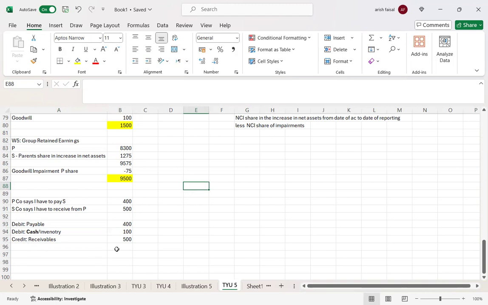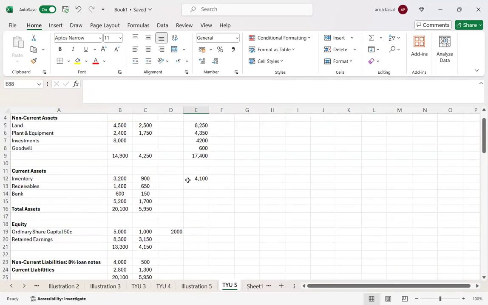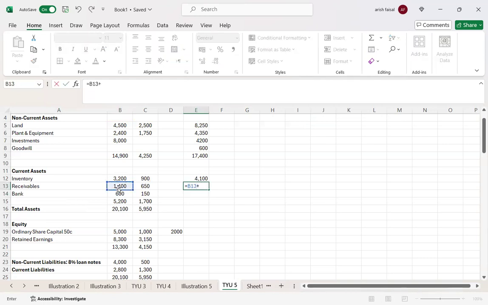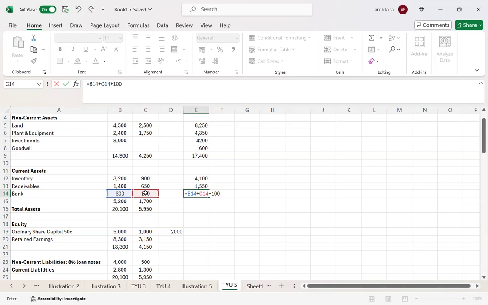So now you can see that your receivables have to be deducted by 500. Once you have consolidated them, like this, 1400 plus 650, then you have to subtract the 500, which is the intra group basically. So that gives you a net of 1550. As far as the bank, you have to add 600 and then 150, and then you have to add up that 100, because that cash has not left outside the group, so that 100 will be increased in the value of your consolidated assets.